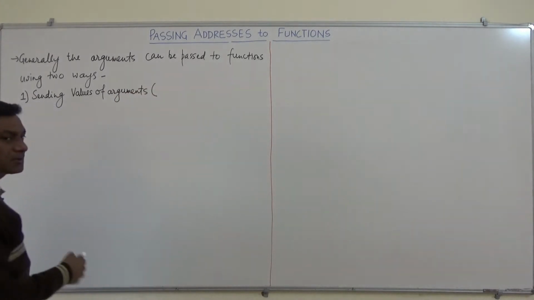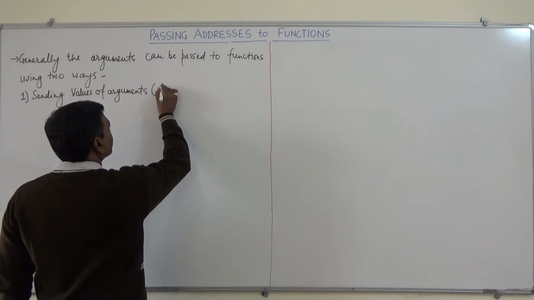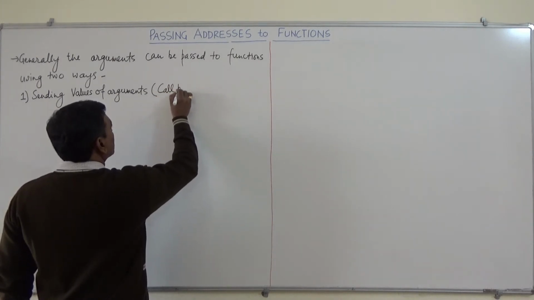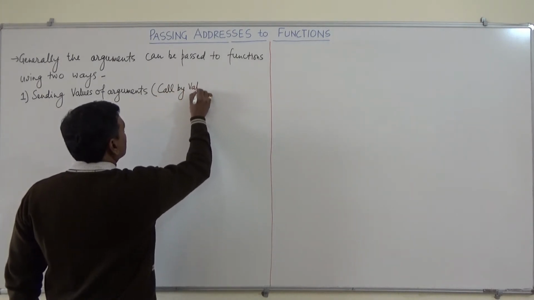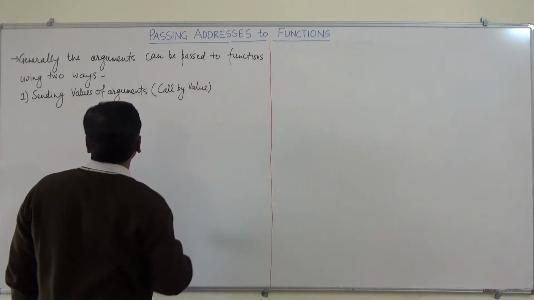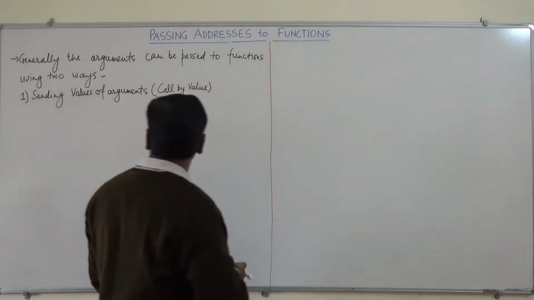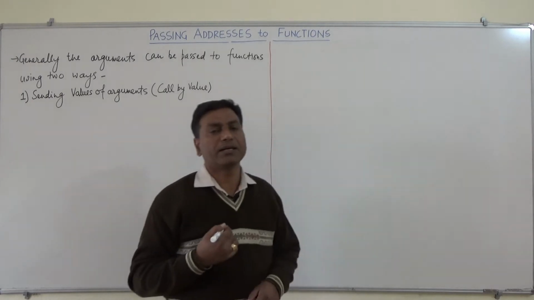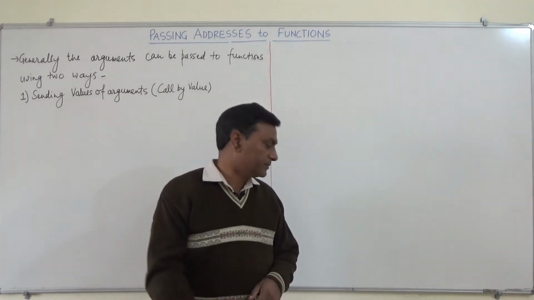This is known as call by value. And second is sending addresses of the argument.